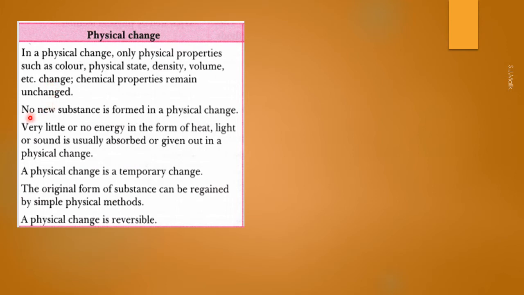In physical change, no new substance is formed, and very little or sometimes even no energy in the form of heat, light, or sound is absorbed during a physical change. A physical change is a temporary change. The original form of the substance can be regained by simple physical methods, and physical change is reversible.